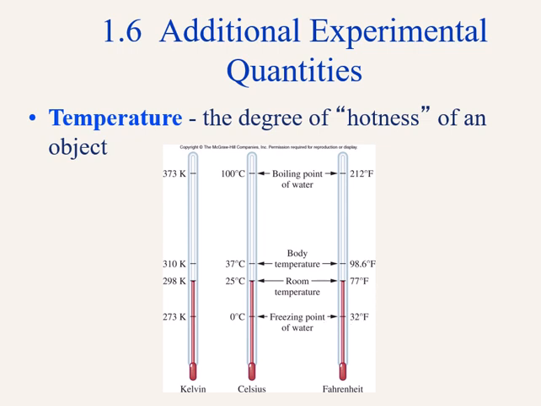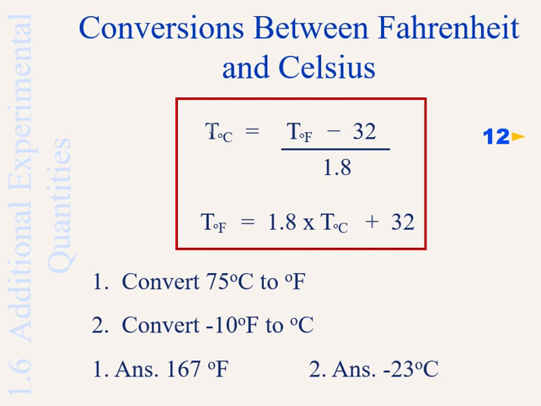What are the equations that relate this? Here is the equation for converting your Fahrenheit degree to Celsius degree. Whatever is your temperature in Fahrenheit, subtract 32 and divide it by 1.8. And here is how you can convert degree Celsius to degree Fahrenheit.